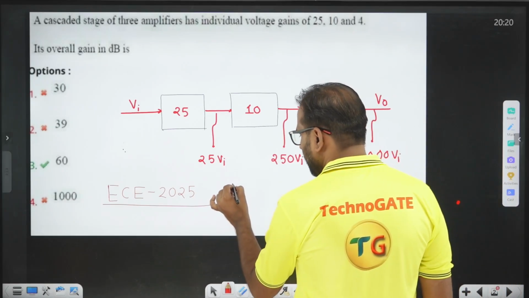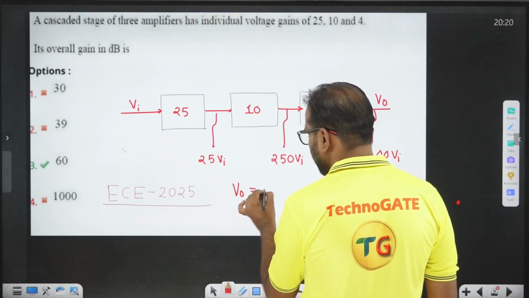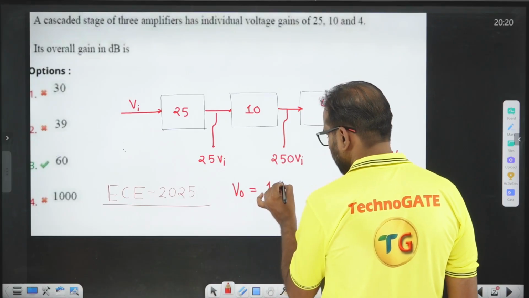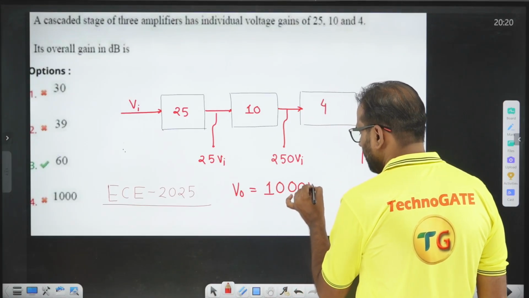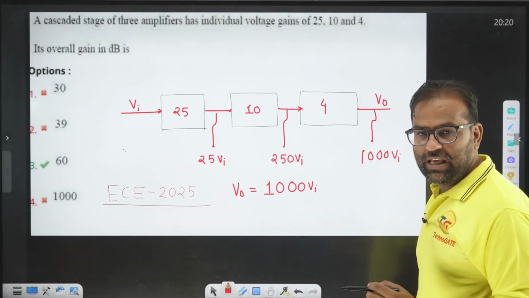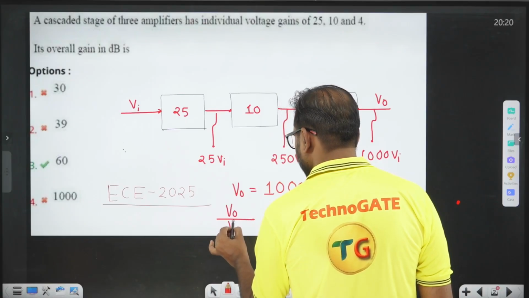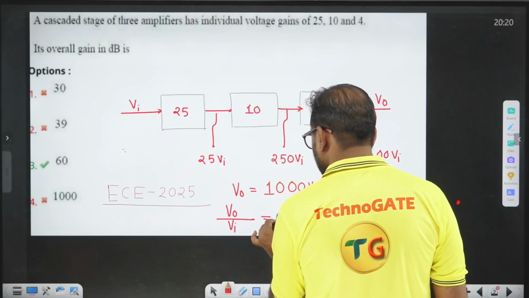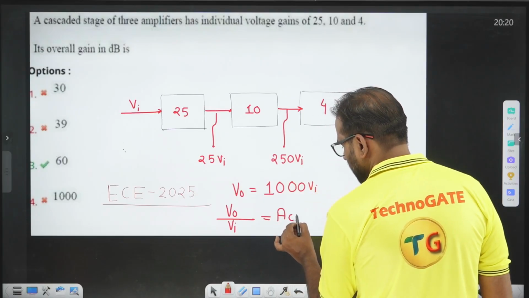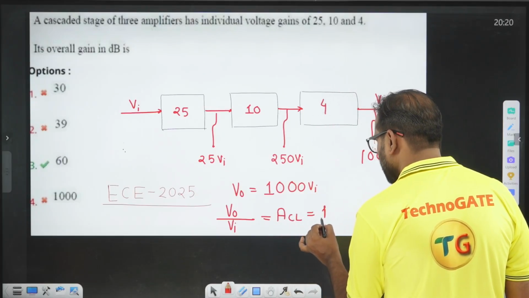So can I say V out for the system is 1000 times of Vi. And the gain of the system is Vo divided by Vi. This is closed loop gain, and closed loop gain is given by 1000.